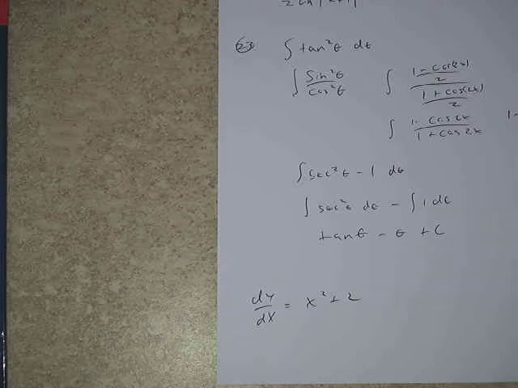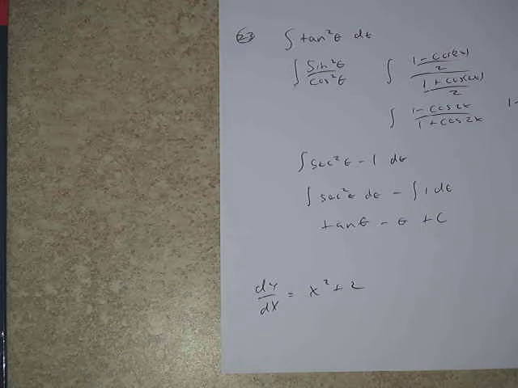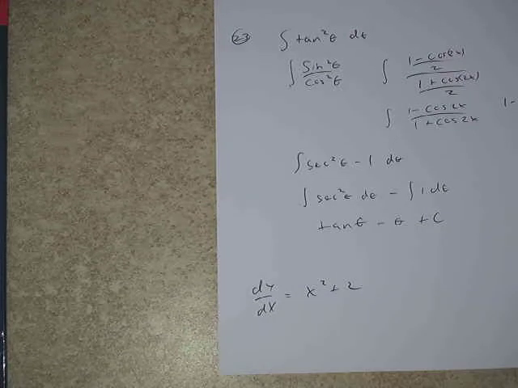Because sometimes when we collect data, it's rate data. We might not have data about the actual relationship between x and y, but we have the relationship between x and the rate. If that's the case, then we have what we call a differential equation. So any equation that involves a derivative is a differential equation.